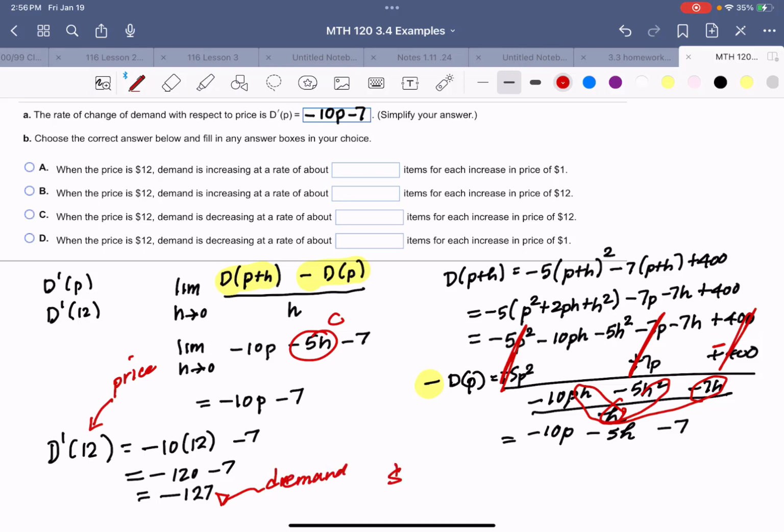So the price is $12. So you're going to notice that all of these have a price of $12. And then this demand is decreasing because it's negative, so we're going to look for decreasing.